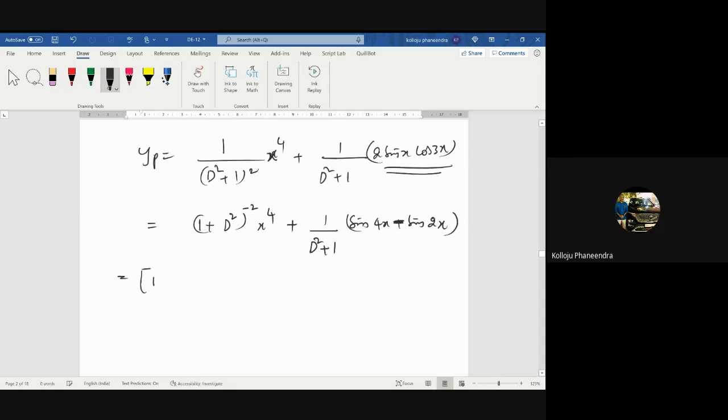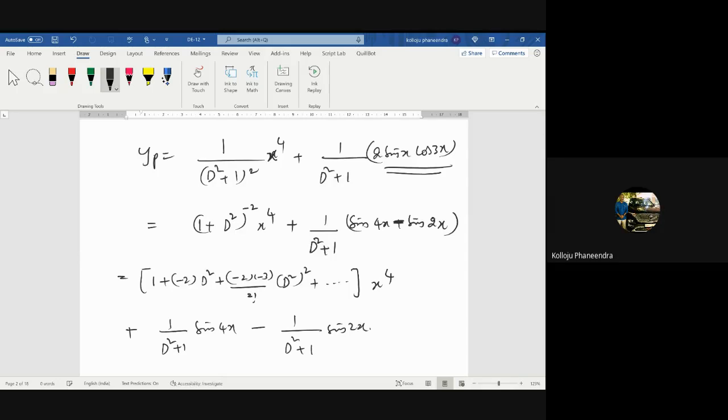What is the expansion? 1 plus nx plus up to x power 4 is there. So up to 4 derivatives are required: minus 2, n into (n minus 1) by factorial 2, x square. That's it, D power 4 is over, so no need of the remaining terms. Plus 1 by (D square plus 1) whole square sin 4x minus 1 by (D square plus 1) whole square sin 2x.